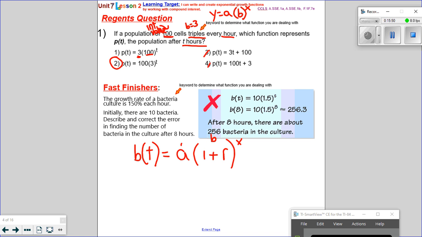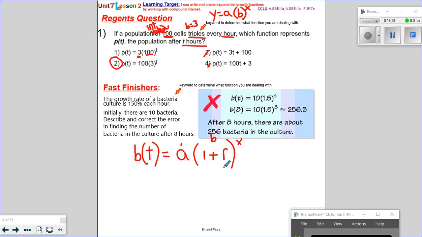Okay, so this one, the fast finisher, is a little bit more difficult. Do you remember the formula? This formula, y equals a times b to the x. This right here, the 1 plus r, is b. 1 plus the rate is the b, right? The 1 is like something that, if you're saying something increases or decreases, you start out as 1.